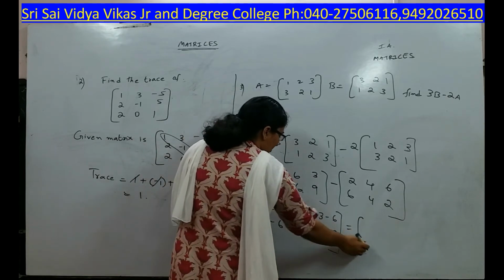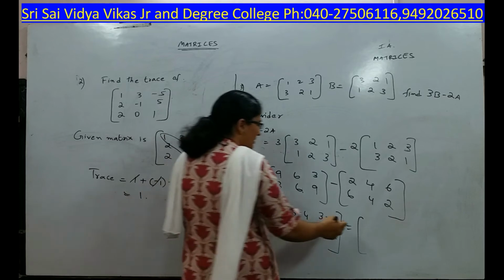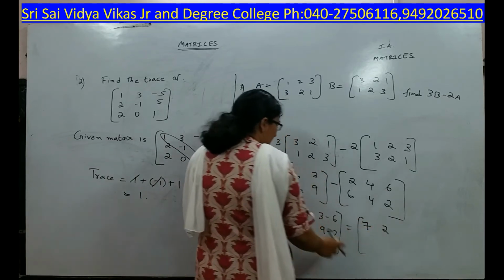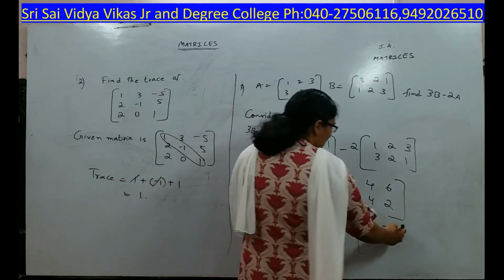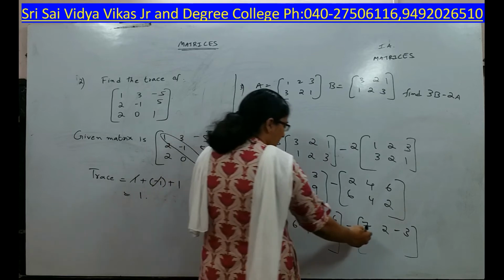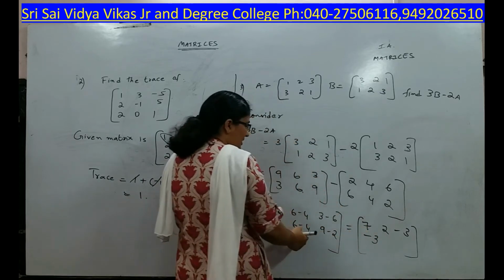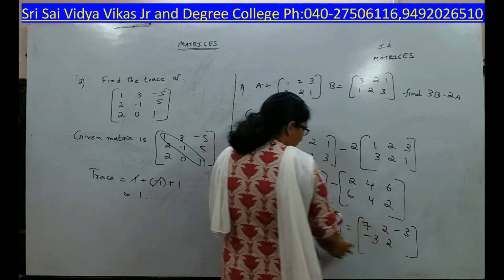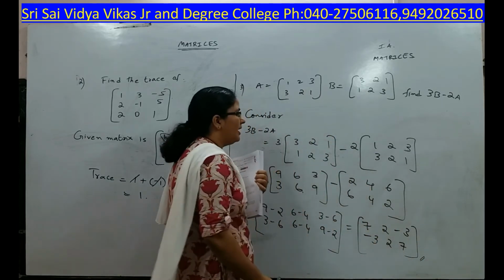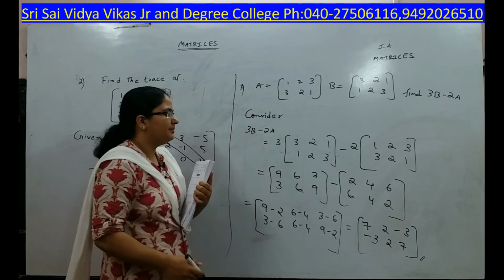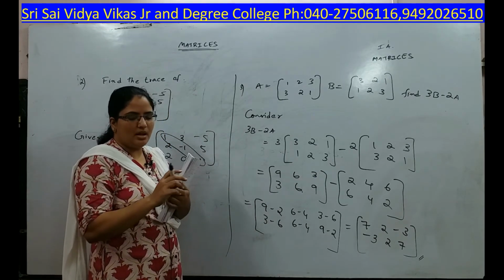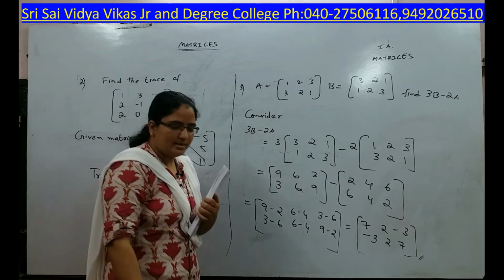That is equal to 9 minus 2, 7, 6 minus 4, 2, 3 minus 6, minus 3, 3 minus 6, minus 3, 6 minus 4, 2, 9 minus 2, 7. So this is the required matrix. In the next problem we shall discuss how to multiply two matrices.